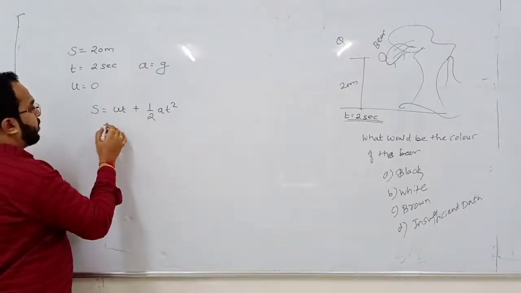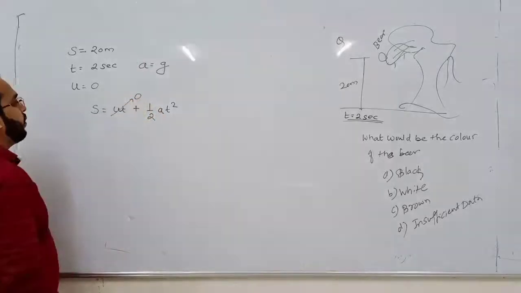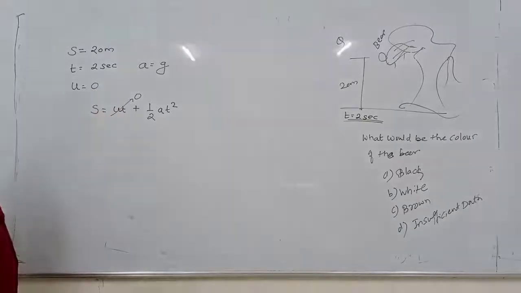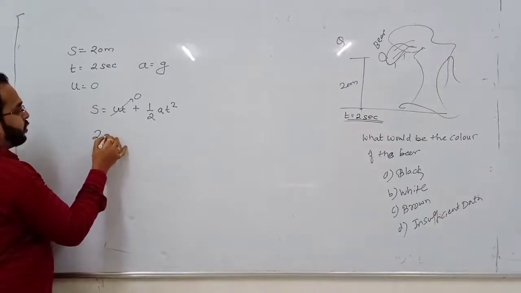So as u is 0, this whole term will become 0. Now s is how much? 20.